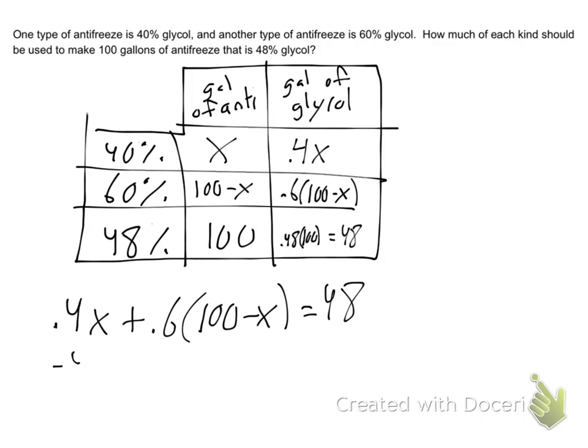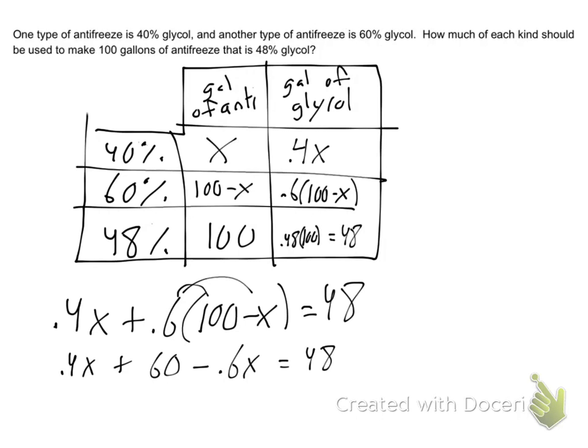You guys see that it's not too bad. What's 0.6 times 100? 60, minus 0.6x equals 48. Oh, this is kind of cool. I actually don't have to bring the x's over. They're already there.